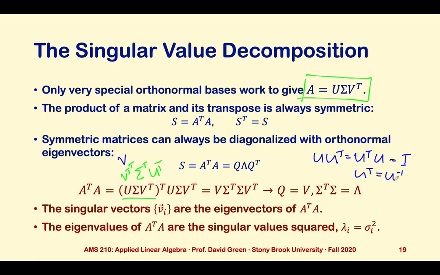The inverse of U is its transpose. This is a property of matrices with orthonormal columns, of orthogonal matrices. That means that this product U transpose U disappears, and what we're left with is V sigma transpose sigma V transpose.